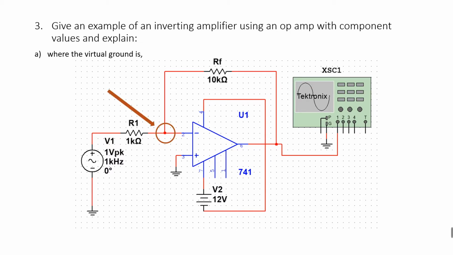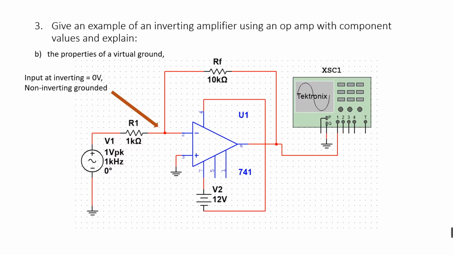So the first, A, where is the virtual ground? The virtual ground is located there. How do I know? There are several properties for a virtual ground, where we can determine the virtual ground location where the non-inverting has been grounded.